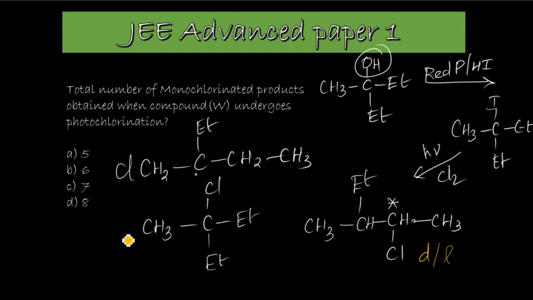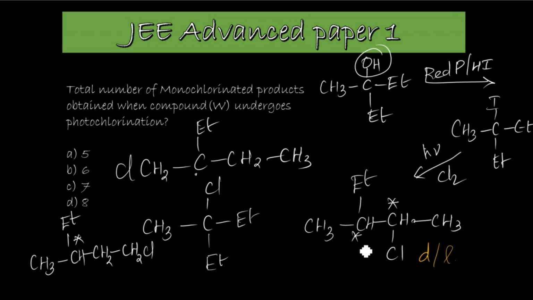It can give then another CH3 also, isn't it? So which will produce CH3, C ethyl, and then CH2, CH2Cl. So that is also our one possibility, where in that case this carbon becomes our chiral center.